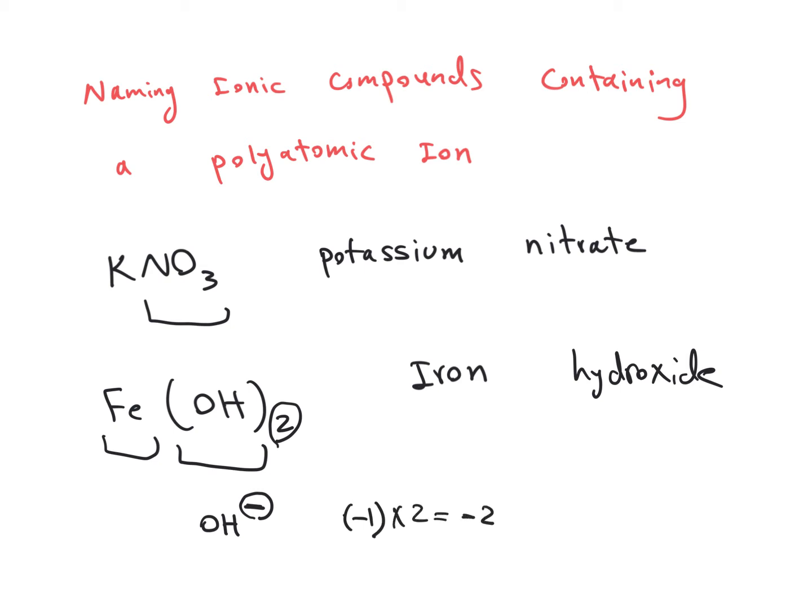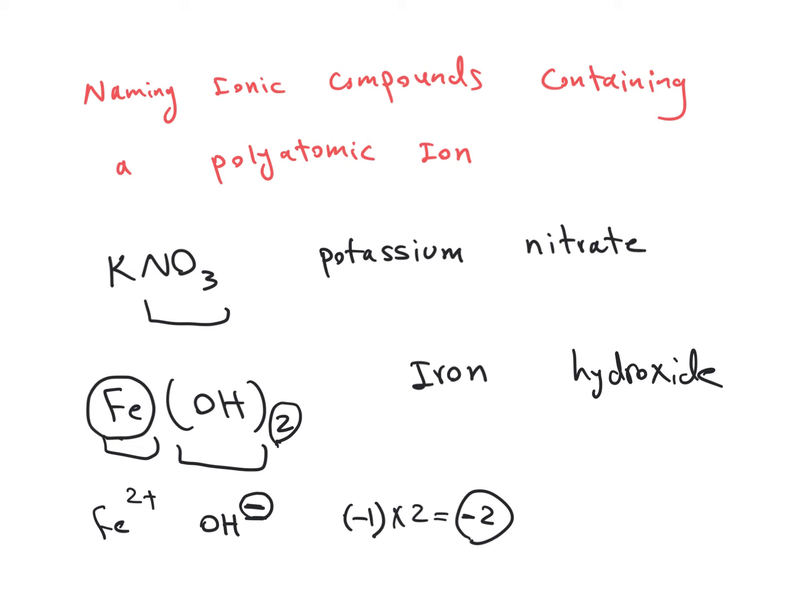In order for my compound to be neutral, how many positive charges should Fe have? 2, right? Because you have 2 OH, each OH has a charge of -1, so it has -2. So Fe should be 2 plus.